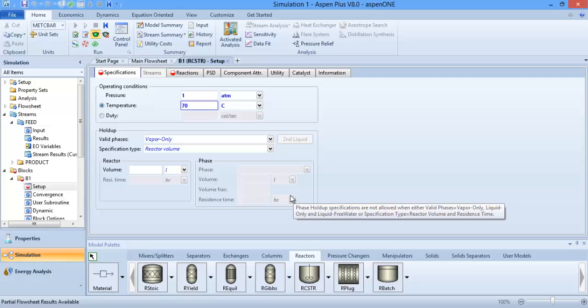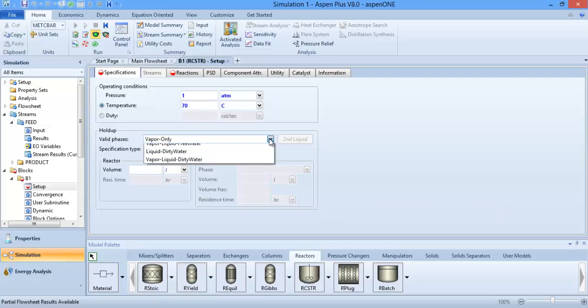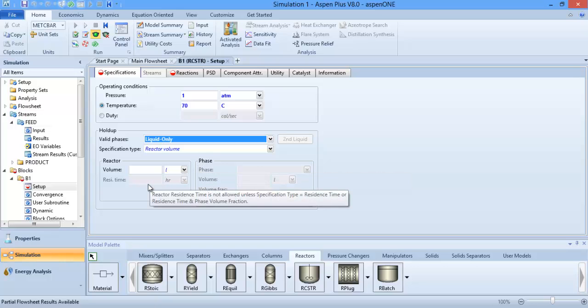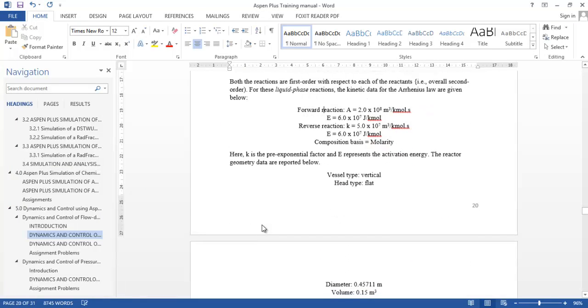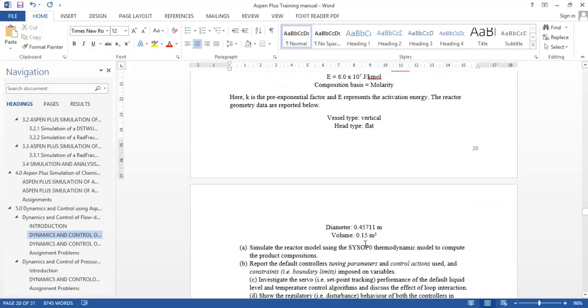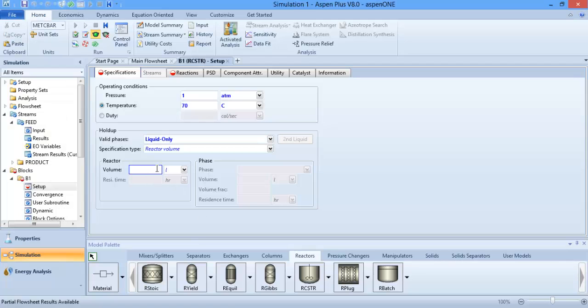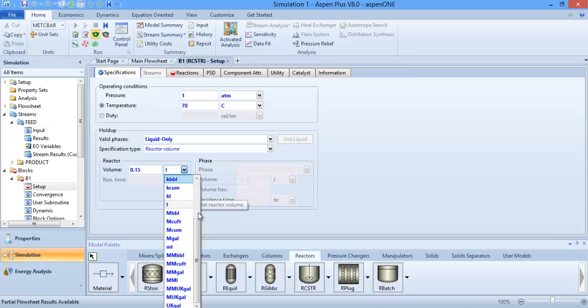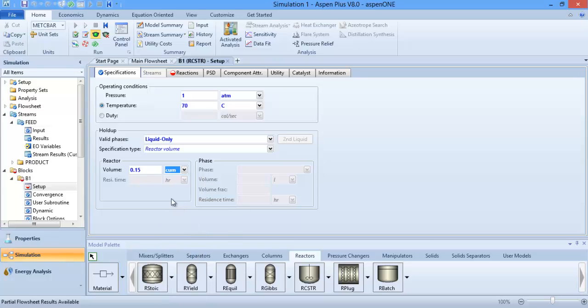The valid phase should be liquid only. And we will specify the reactor volume. The reactor volume is given to be 0.15 cubic meters. Okay, this is fully specified, and we go to the reaction.